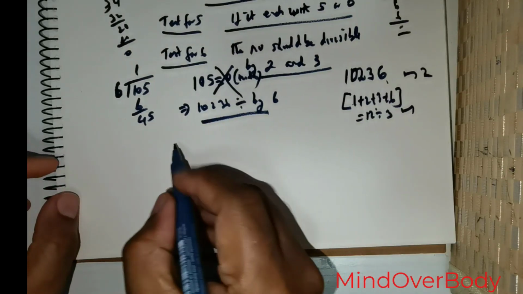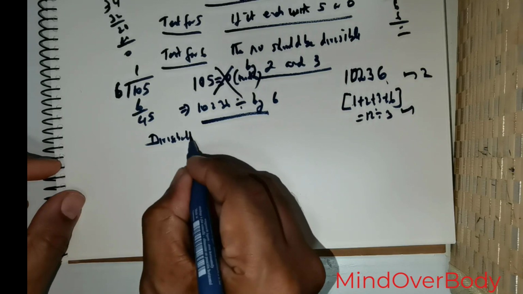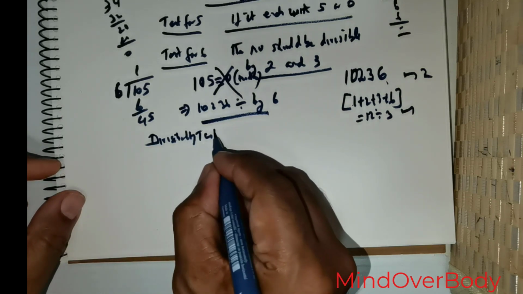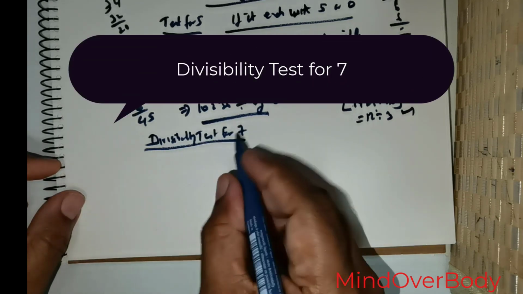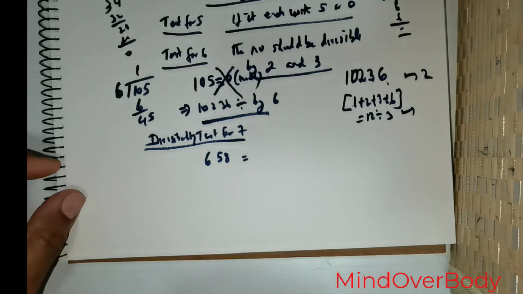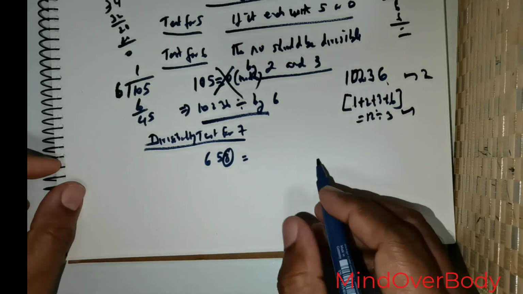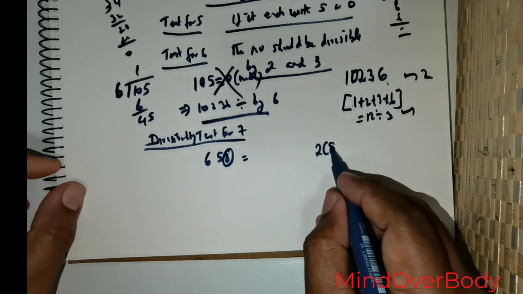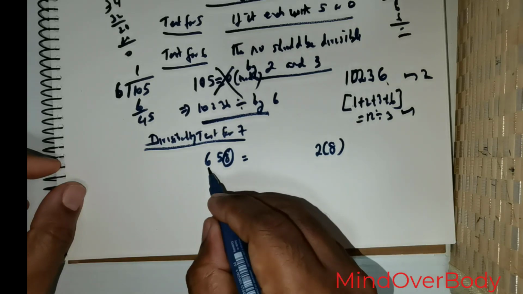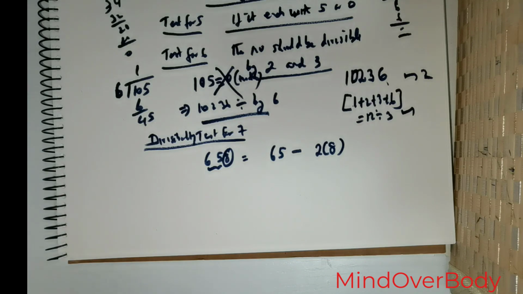Okay, the next one is the divisibility test for the number 7. Say for example you are given this number 658. What you got to do is take the digit in the unit place and multiply it with 2. Whatever remains here, place that and then perform a subtraction.